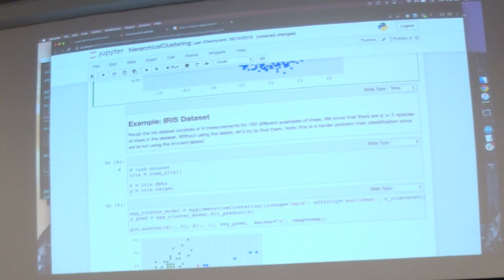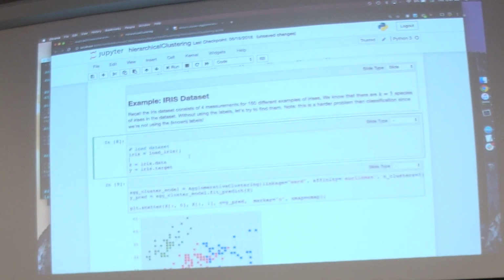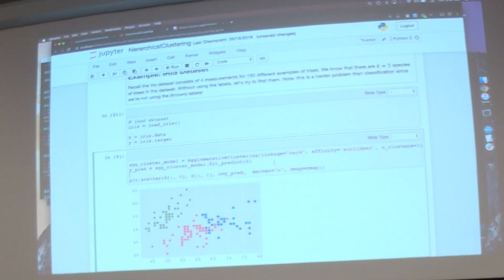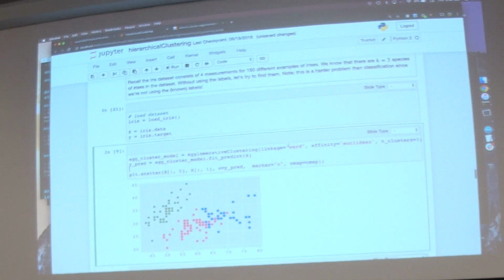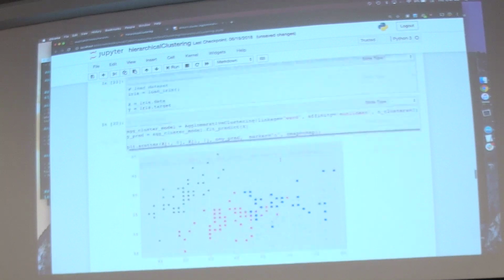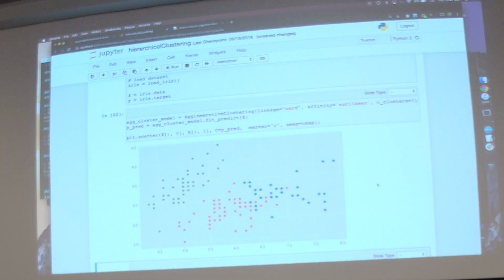So let's take a look at the iris data set. Here we'll use the ward linkage and 3 clusters, because again, we know there's 3 types of iris that we care about. And again, we split out the greens pretty nicely.